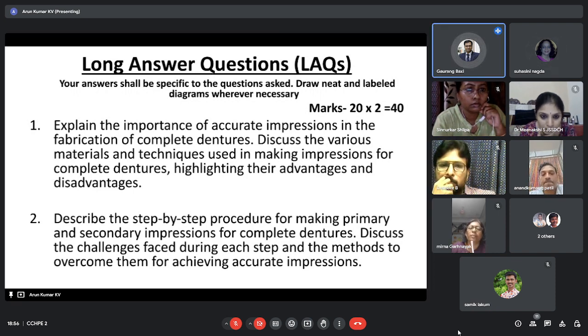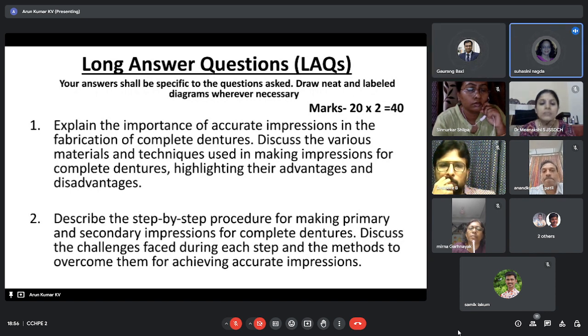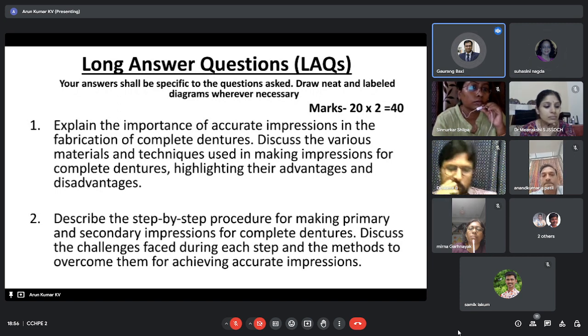So think from the student's perspective. If this question, "Discuss the challenges," comes to the students, will they all interpret the question in the same way, or is it open to interpretation by different students? If different students are going to respond differently, that means there is some scope for refining the question further.